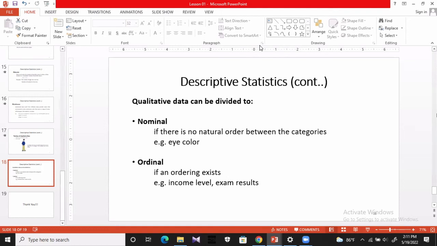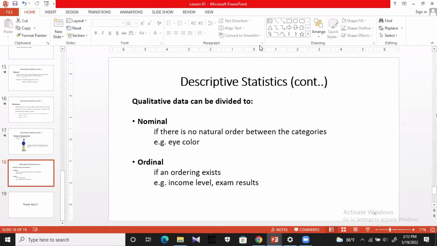If I ask you your gender, it should be either male or female. Now, gender is a qualitative data and it is nominal. It's not ordinal, it's nominal. If I ask you your skin color, it's again nominal qualitative data. It's not quantitative. Understand?